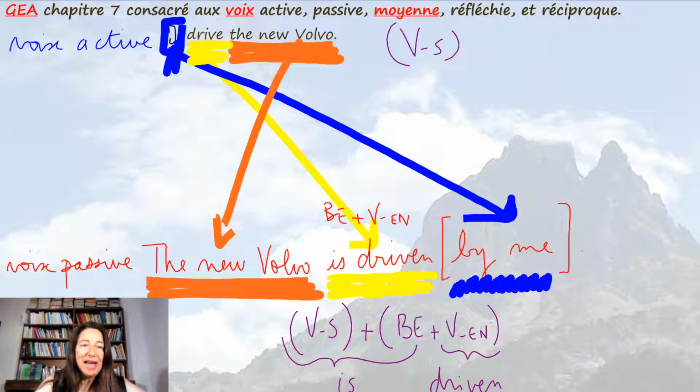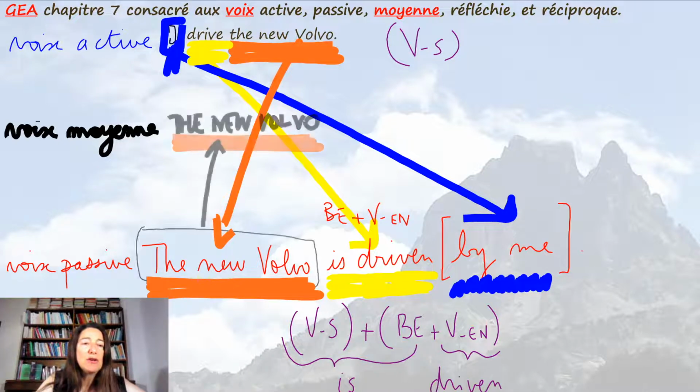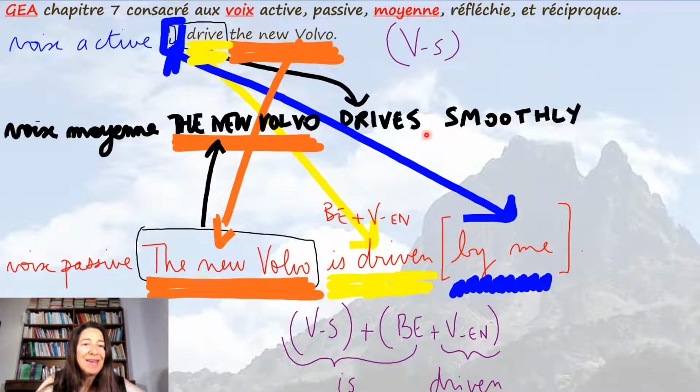And in between the active and passive voices is the middle or medium voice. And it's called the middle voice because it is indeed in the middle between the active and passive voices, because the subject of the middle voice sentence will be the same as the passive voice subject, so the new Volvo, and then the verb in the medium voice sentence is the same as in the active voice sentence.